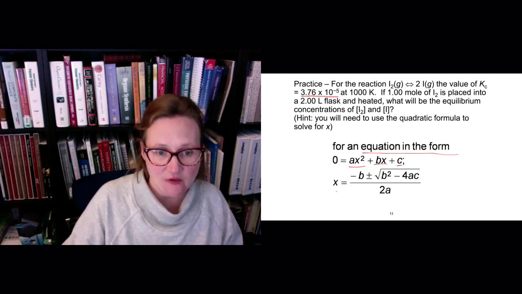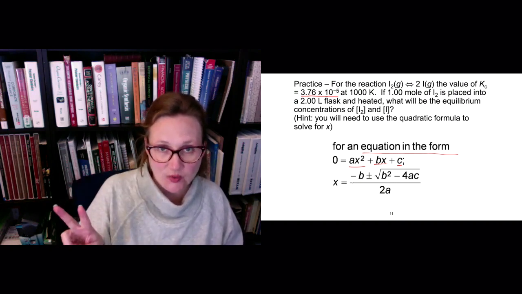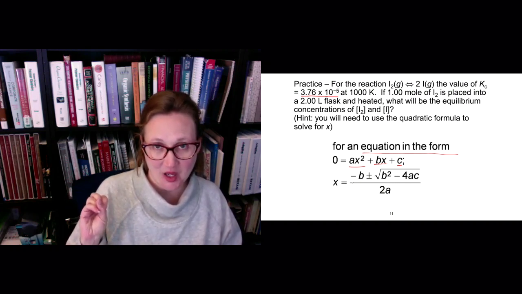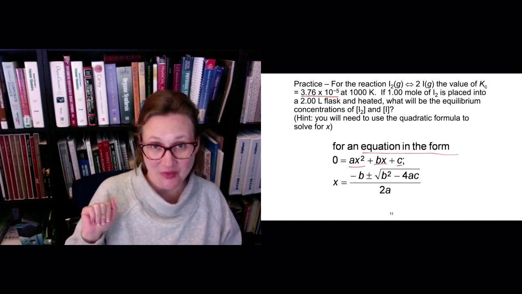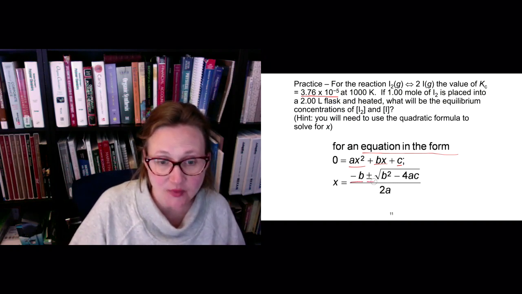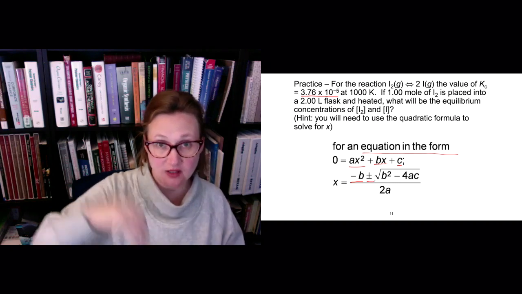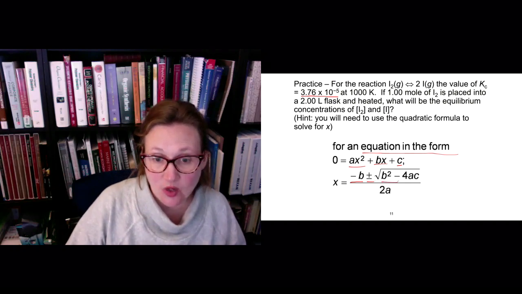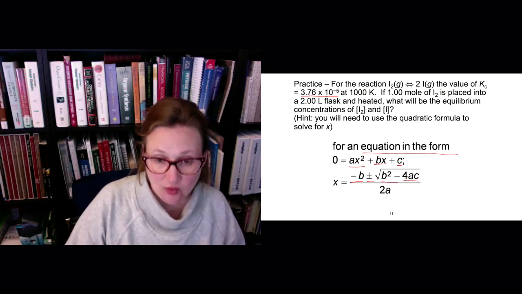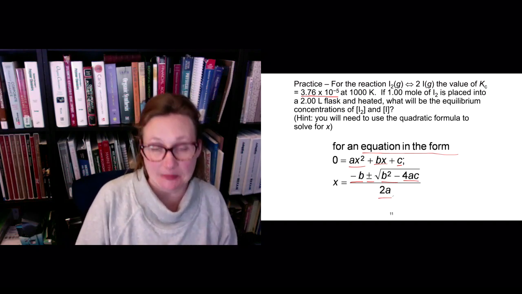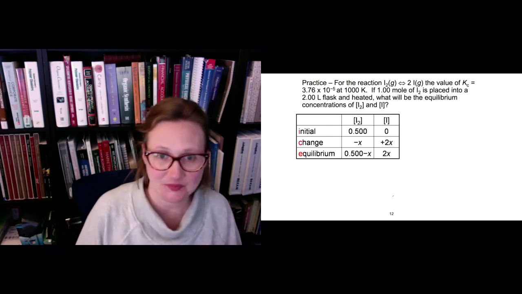To solve for x, there are going to be two values because this is a quadratic equation, a positive number and a negative number. You want a positive concentration, so you get rid of the negative number and keep the positive number. So it's minus b plus or minus, because there are two values, the square root of b squared minus 4ac, divided by 2a. You're going to get two values. Keep the positive, throw out the negative.